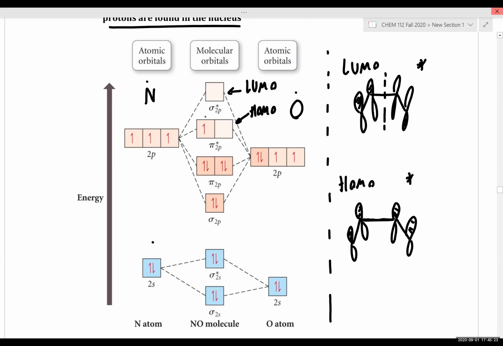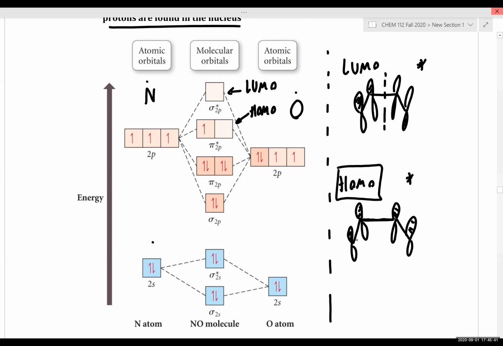In this case, the phasing and the distribution of electrons described in our HOMO orbital can inform how this molecule will undergo chemical reactions.